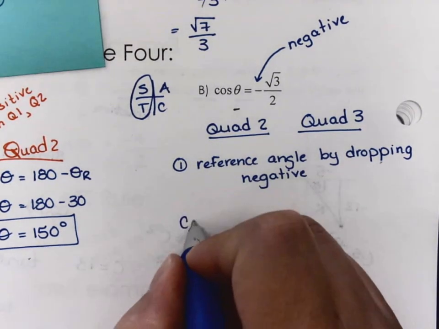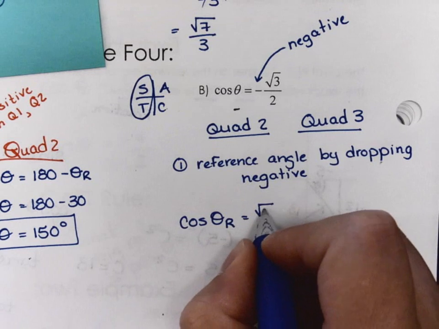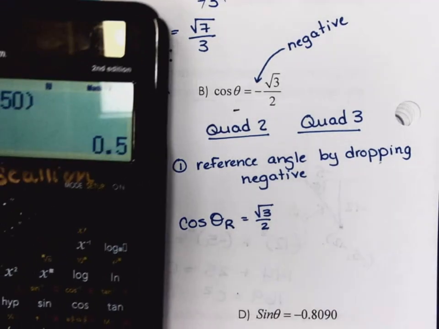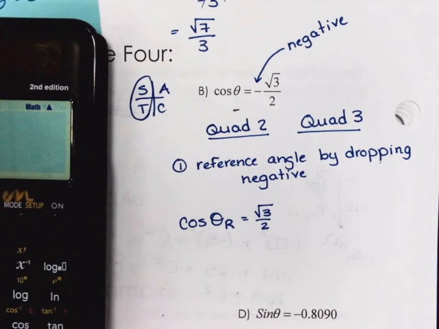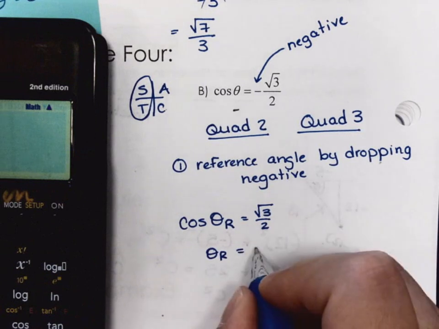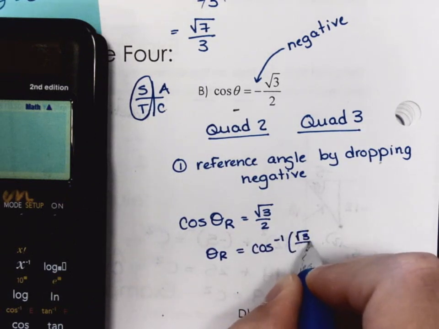So you're going to go cos of theta r equals root 3 over 2. That puts you back in quadrant 1. And we know that that's going to give us our reference angle. So super easy. We're going to do this all in one fell swoop on our calculator. So reference angle is equal to cos negative 1 of root 3 over 2.